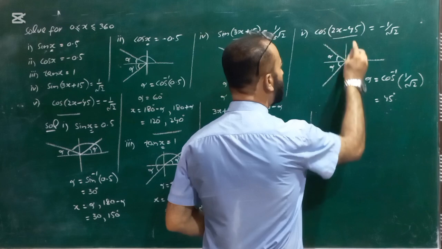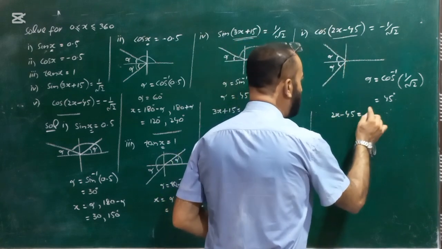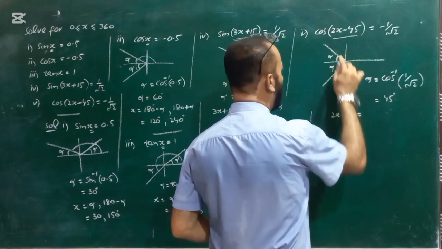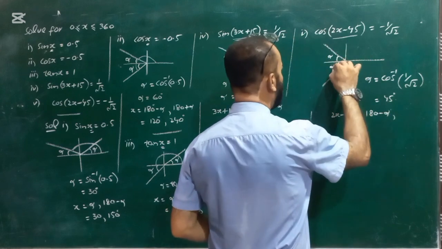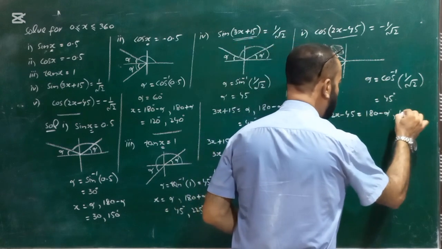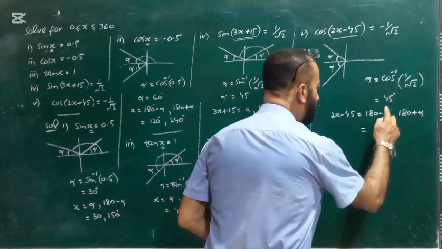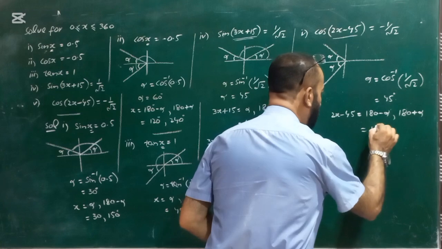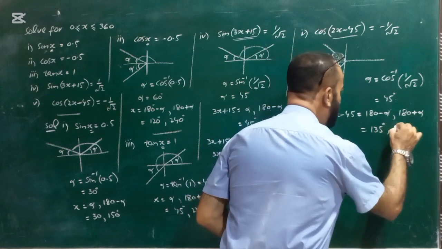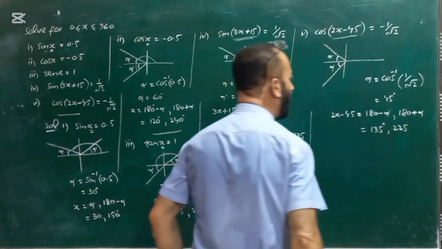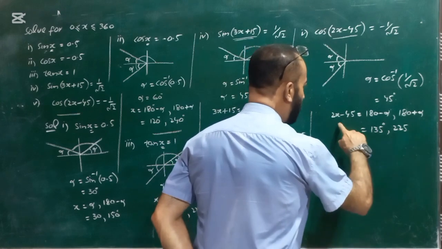Now the original angle, that is 2x minus 45, will be equal to, from here to here, 180 minus alpha, and proceeding further up to this, 180 plus alpha. Putting values into this, 180 minus 45 will be 135, and 180 plus 45 will be 225. Okay, this minus 45 will be added to these two values when we go to the right side.